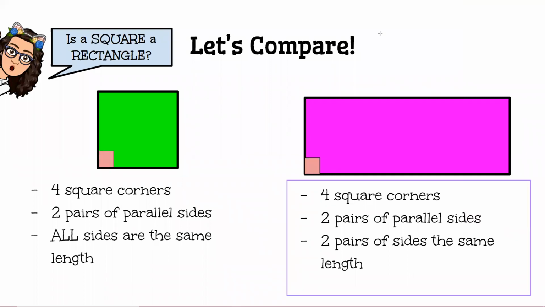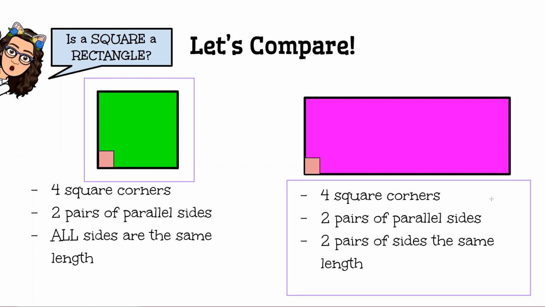So right now our question is, is a square a rectangle? I want you to look at this green square. Does this green square have the attributes of a rectangle, which are right here under the pink shape?